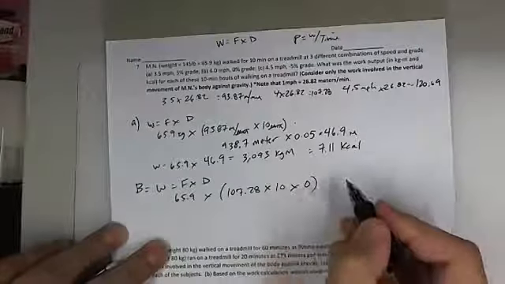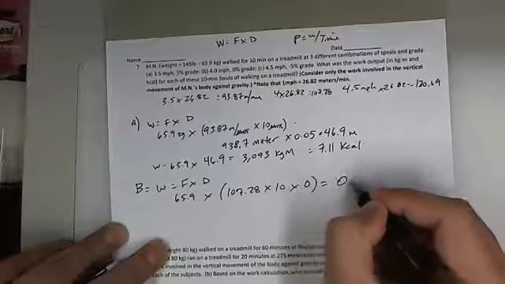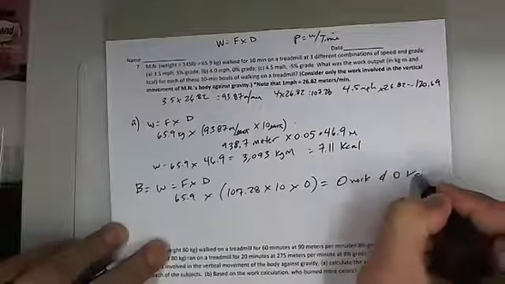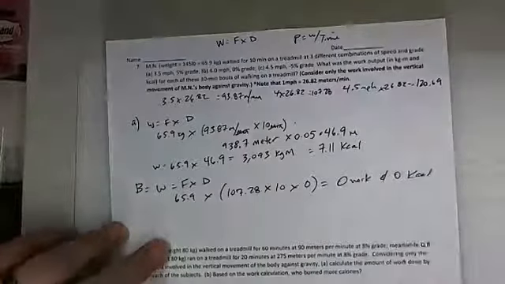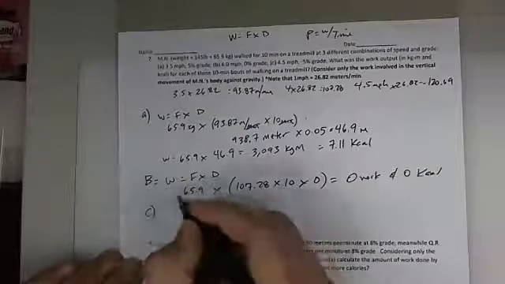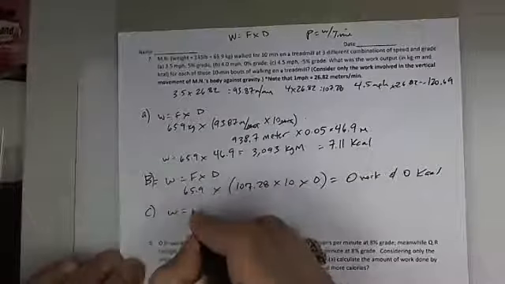I'll do the math for you. 0 times anything is equal to 0. Therefore, we do 0 work and 0 kcals according to the equations, which obviously is just physics, not x-phys, because we know it's work.